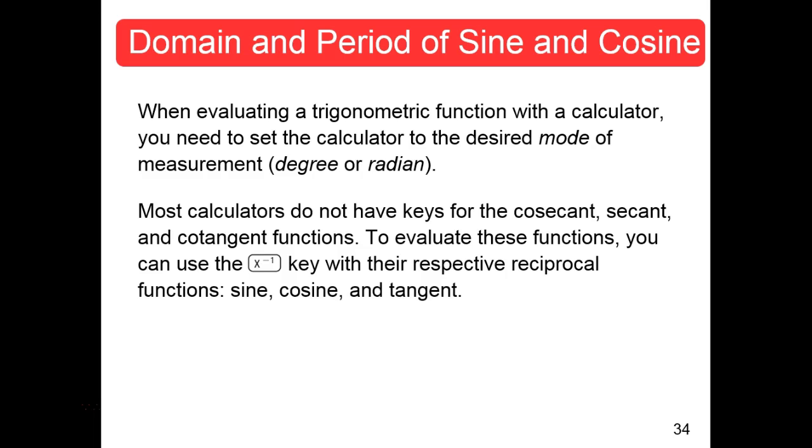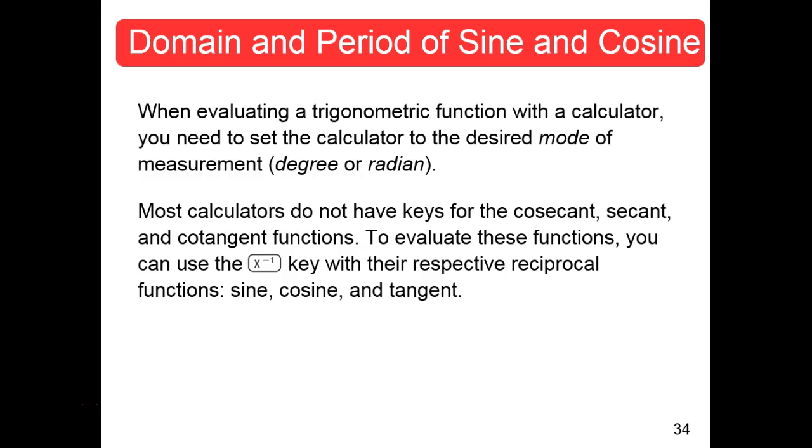Okay? Most calculators do not have keys for cosecant, secant, and cotangent functions. Therefore, we can't do them, right? Wrong. Because what are the cosecant, secant, and cotangent functions? They're reciprocals. Cosecant is the reciprocal of sine, secant is the reciprocal of cosine, and cotangent is the reciprocal of tangent.